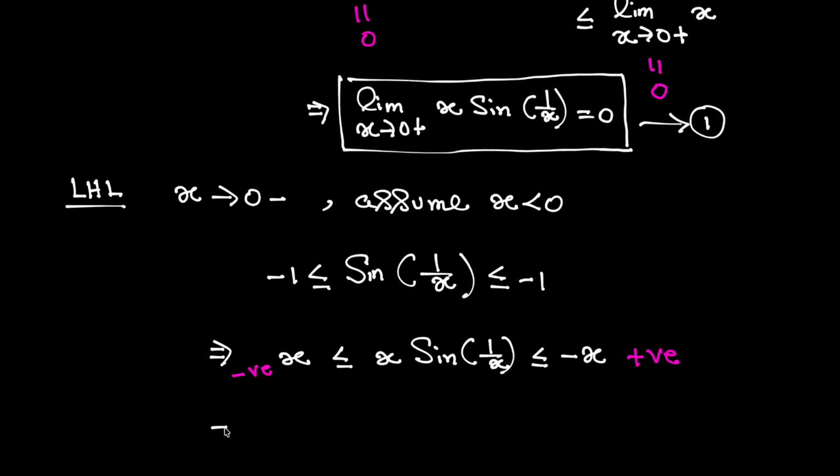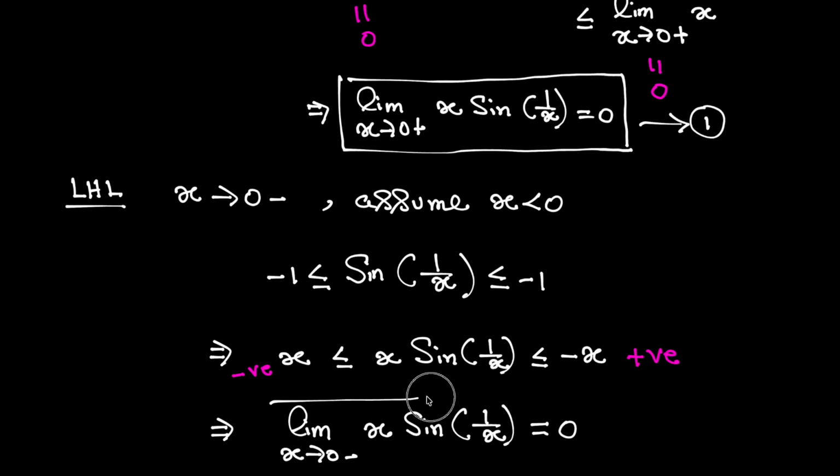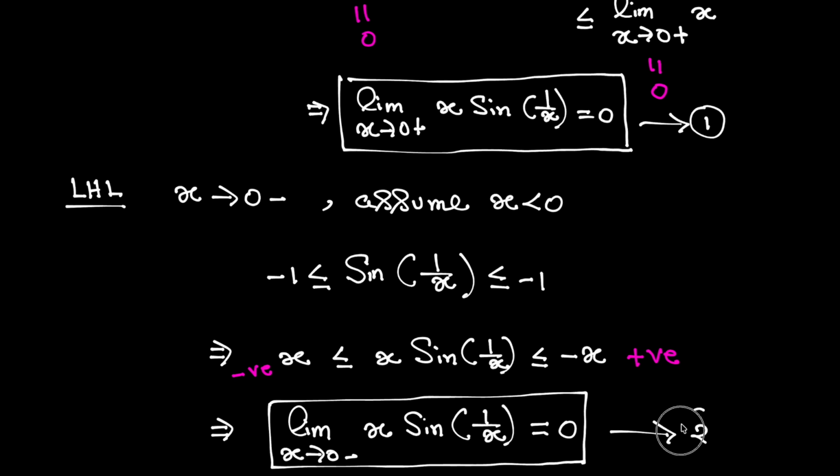Now if we take the limit x tends to 0 minus, then using the same way as above, we obtain that limit x tends to 0 minus of x times sine of 1 by x is equal to 0. And this is the left hand limit. And let's number it 2.